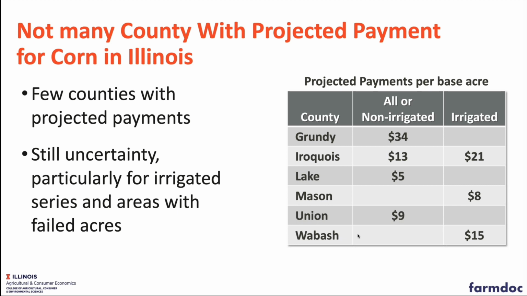We had a question, should I take the Grundy County $34 payment or wait till next year? And that's a good question. My guess, go ahead. Jonathan, did you have anything? Oh, I mean, this is what makes it interesting, is it gets to be more of a tighter decision, right? You get 34 potential for 19, but if we're looking at a lower price in 2020, that could really push up PLC payments.